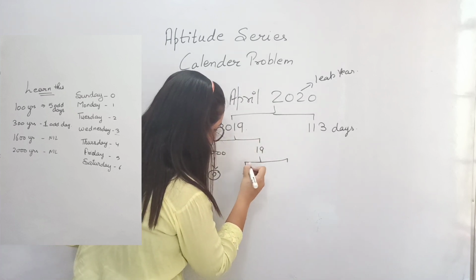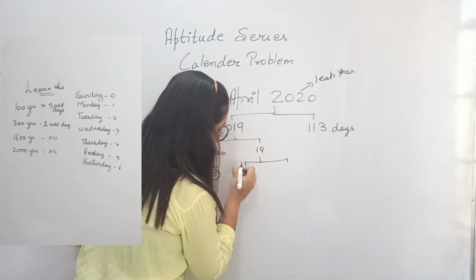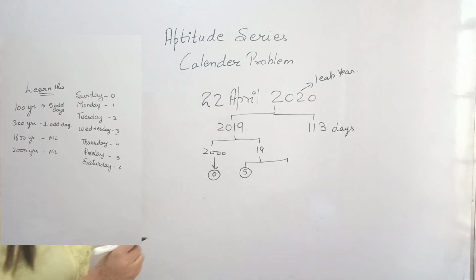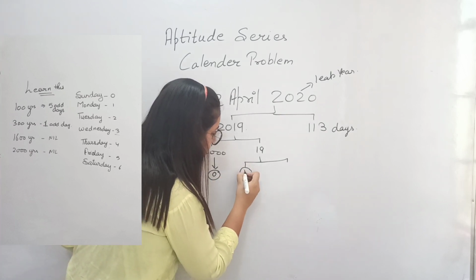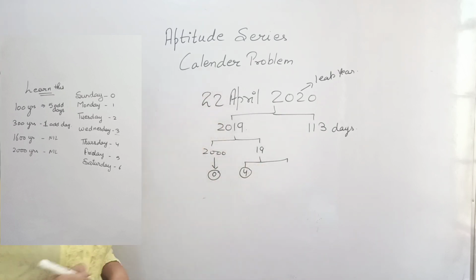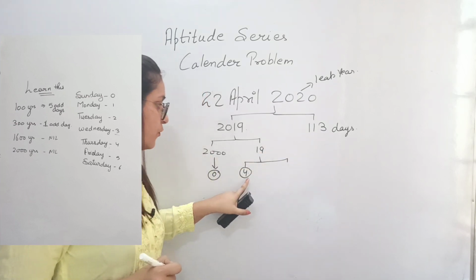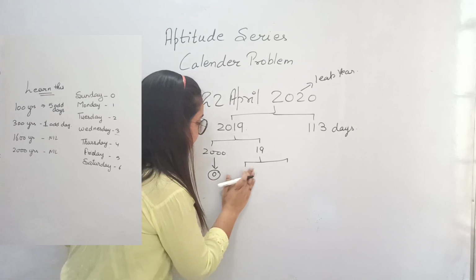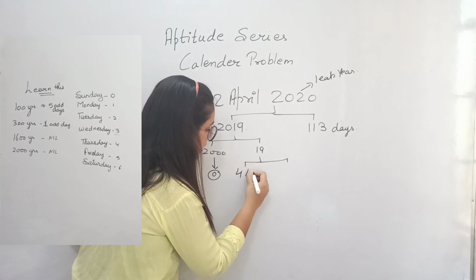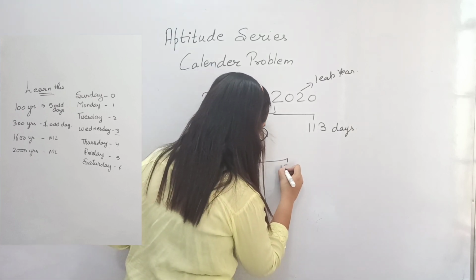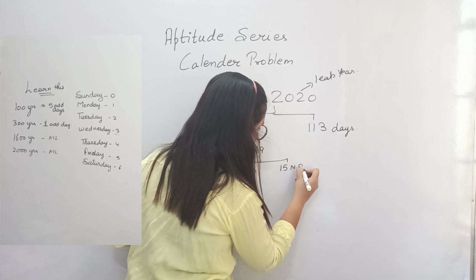When I divide 19 by 4, 4 into 4, 16. So 4 are leap years, and the rest 15 are non-leap years.